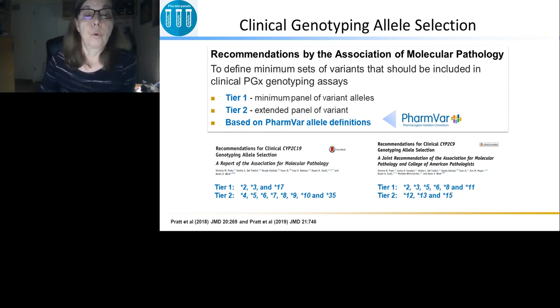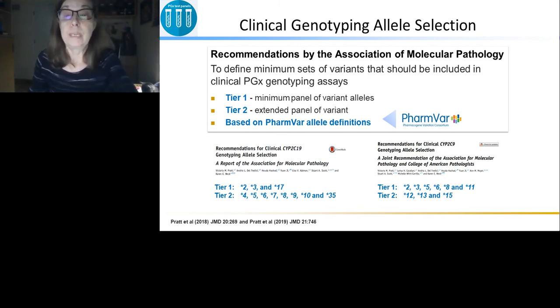For cytochrome P450 2C19, they have already published recommendations, and they also have published recommendations for 2C9, and recommendations are underway for cytochrome P450 2D6.